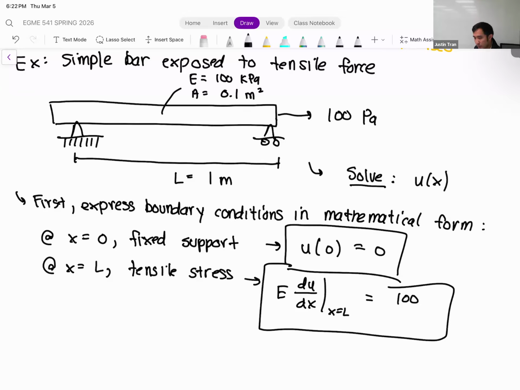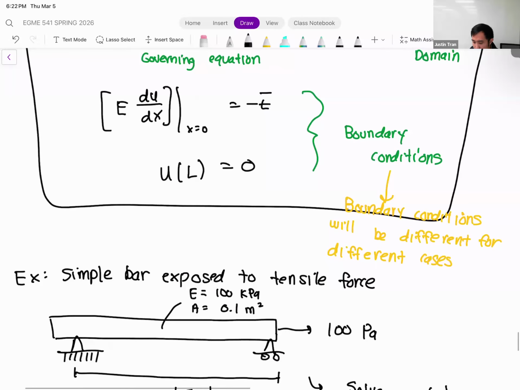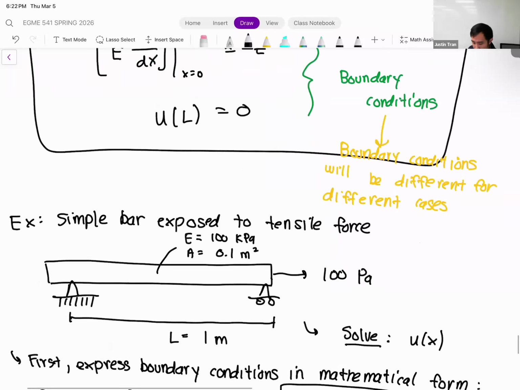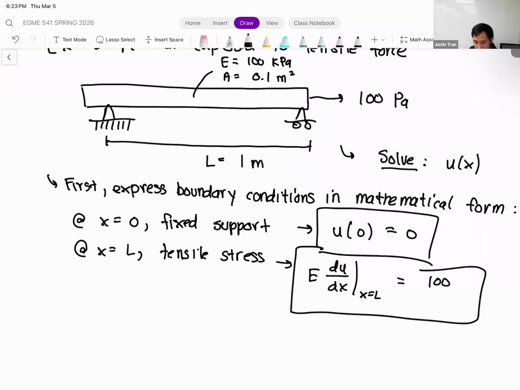Notice here we had a positive stress just because the force is tensile. In our derivation the force was compressive, which led to a minus t bar.